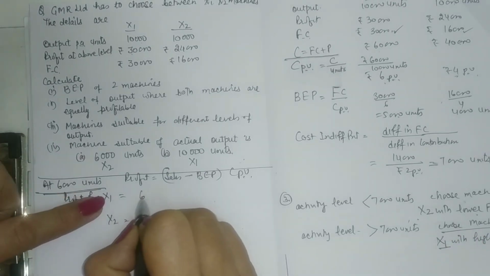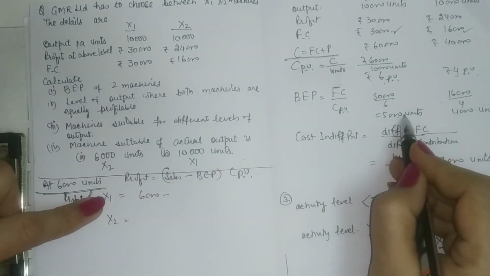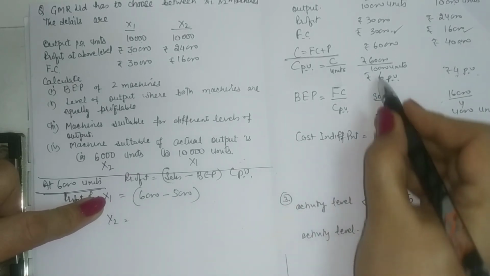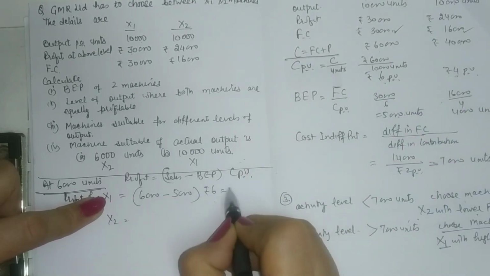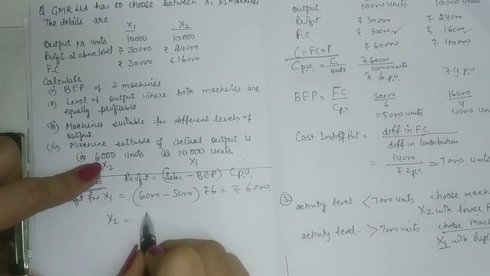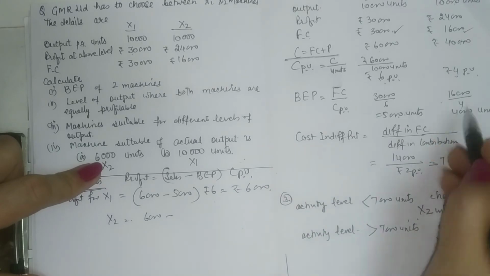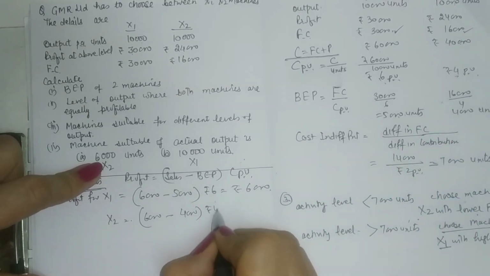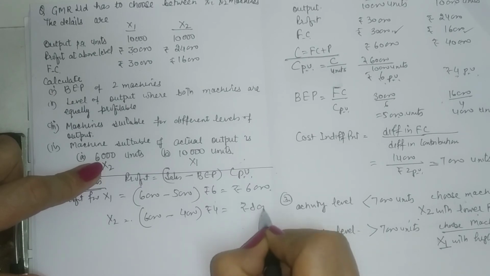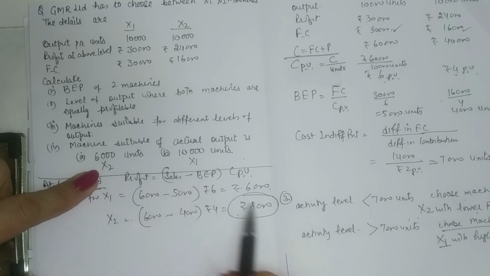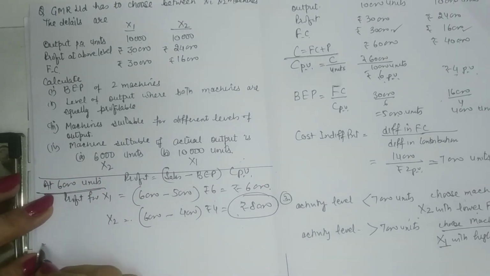So for machine 1, 6,000, its break-even point is 5,000 units and contribution per unit is 6 rupees. So this will give you 6,000 rupees of profit. Second machine, 6,000 minus their break-even point 4,000 and their contribution is 4 rupees per unit. So they are giving you 8,000. So obviously you have made the correct selection of second machine.